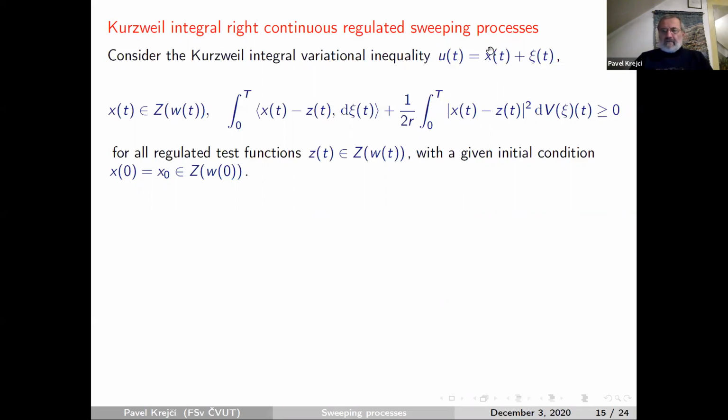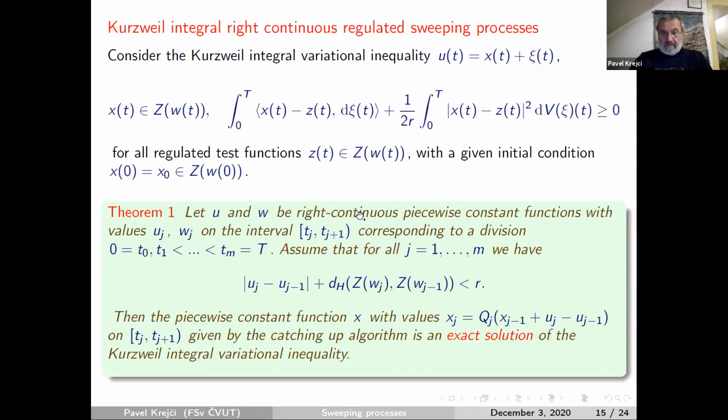We want to decompose it into the elastic strain and plastic strain, such that x(t) is an element of Z(w(t)). So w is given for the moment, and the variational inequality is satisfied for all regulated test functions, elements of the admissible set Z(w(t)), with the given initial condition.